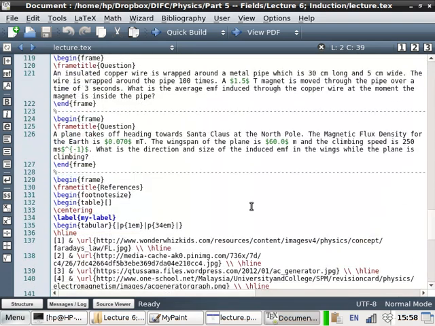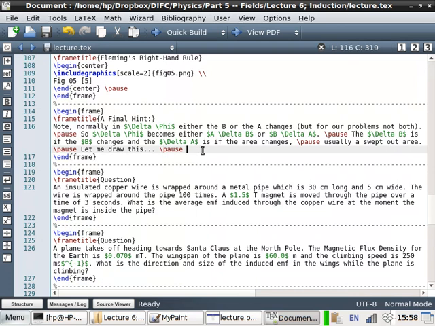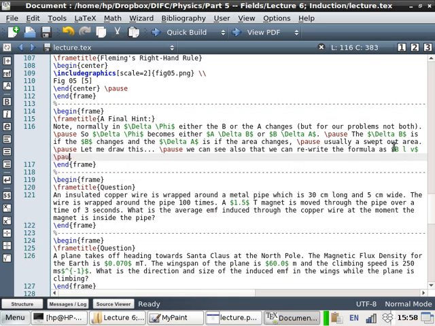I just want to put here in the notes, rewrite the formula as BLV.